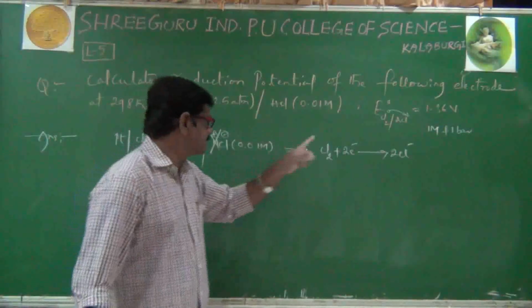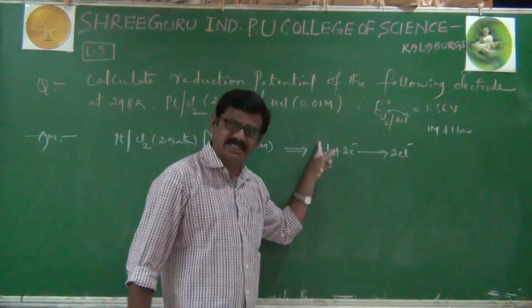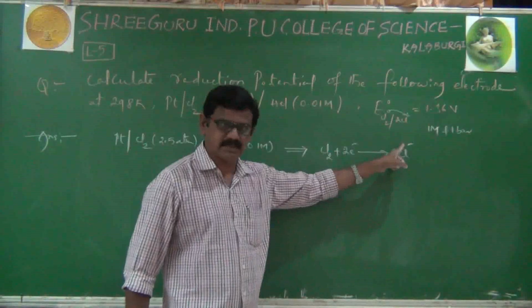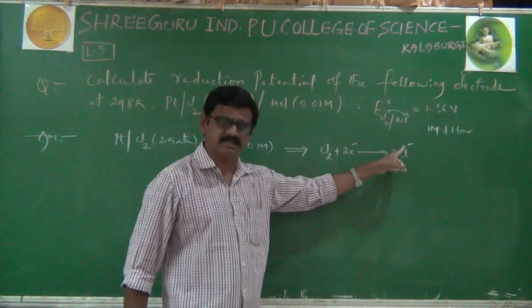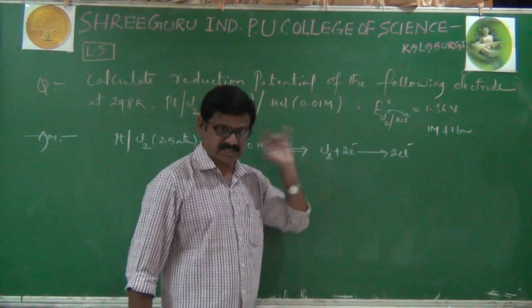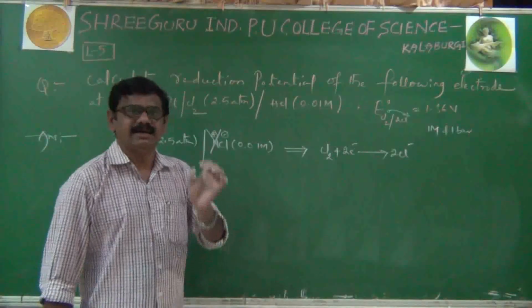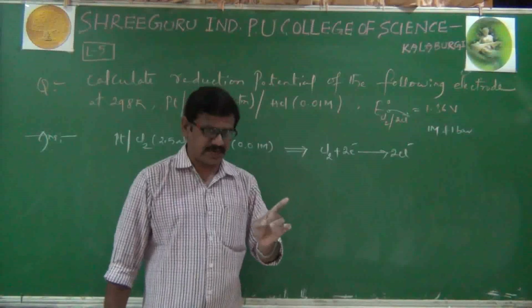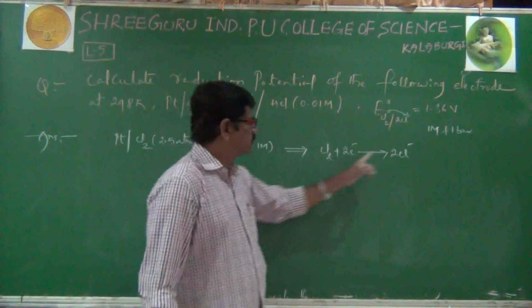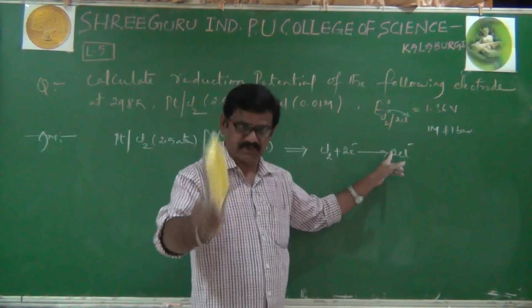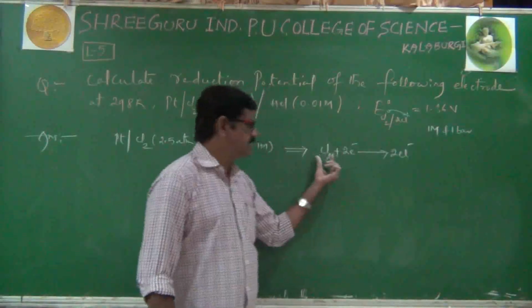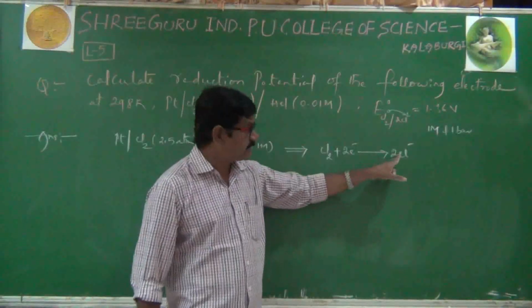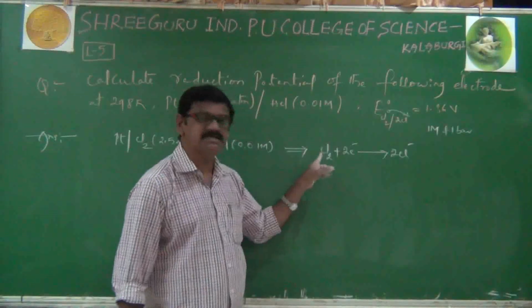The oxidation number of chlorine in molecular state is 0, converted to minus 1. A decrease in oxidation state is nothing but a reduction process, because we are calculating the reduction potential of chlorine. For the reduction potential of chlorine, we have to write the reduction reaction only. Here Cl2 is the reactant, in the oxidized state, and Cl minus is the product, in the reduced state.